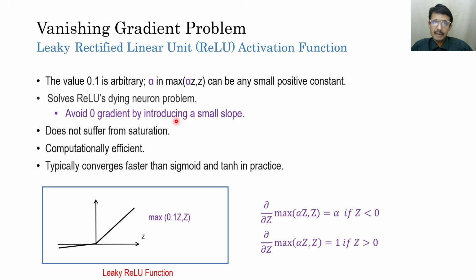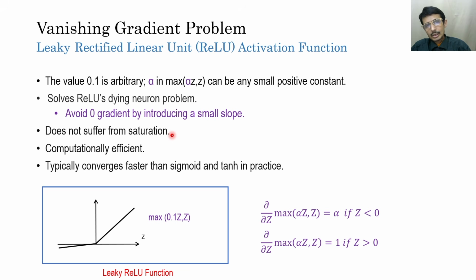It avoids zero gradient by introducing a small slope. So it does not suffer from saturation at this point. It is computationally efficient, and typically converges faster than sigmoid and tanh. So this is a bit more improvement over ReLU, and over sigmoid in the vanishing gradient issue.